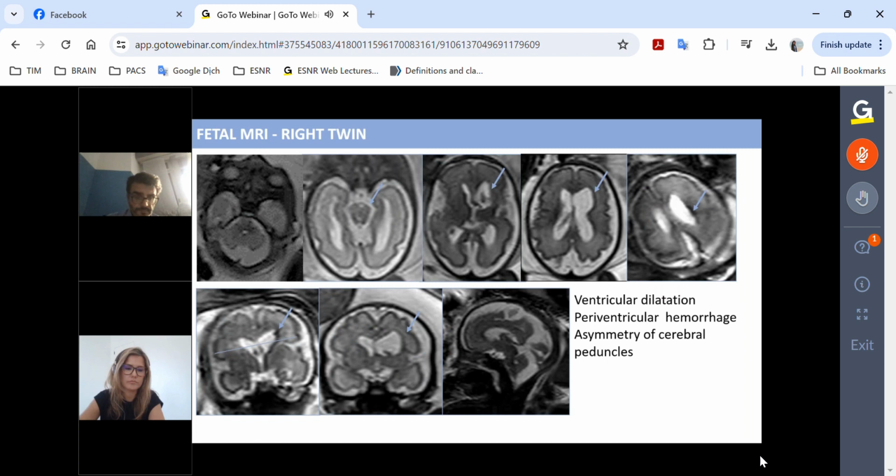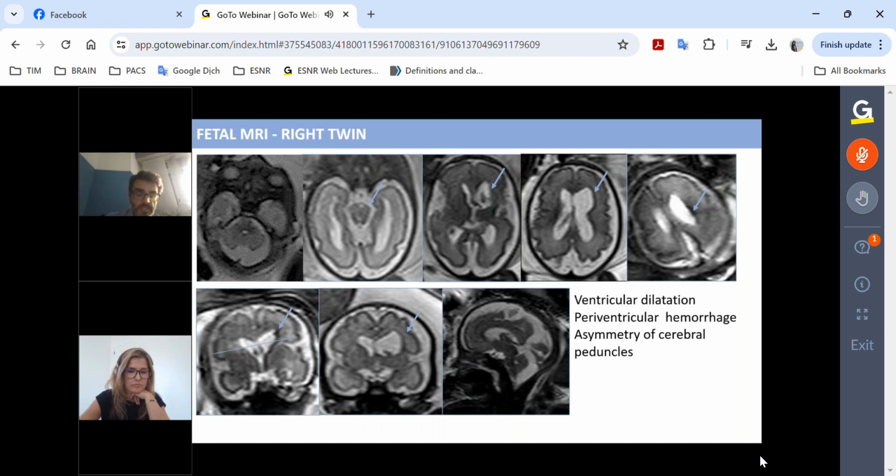The other twin had a different pattern of lesion. You can see that we have a cavitation already of the parenchyma on the left side, some dark signal along the surface of the ventricle, which is probably consistent with hemosiderin. The basal ganglia on that side are already atrophic, rounded, small.